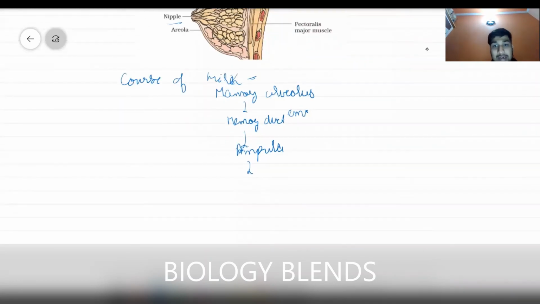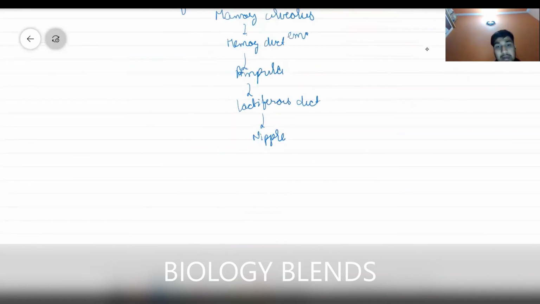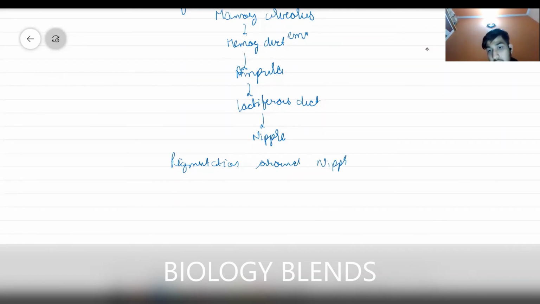The ampulla opens into the lactiferous duct, which opens into the nipple. The pigmentation around the nipple is called areola.